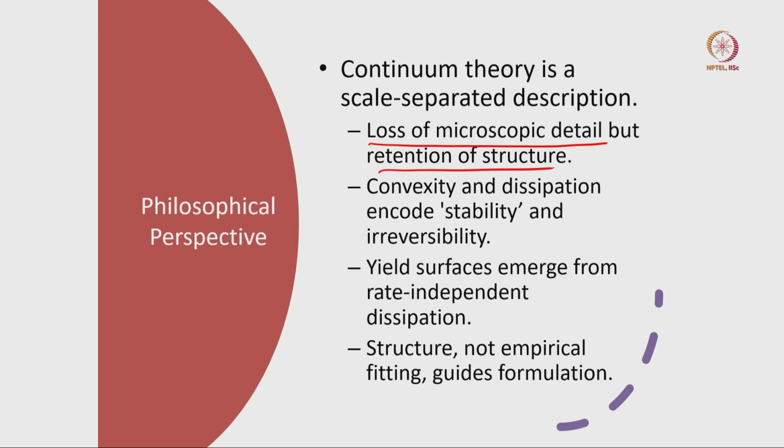And yield surfaces. There are two kinds of plasticity that we will be discussing. One is rate independent plasticity, which is typically encapsulated using the notion of yield surfaces. Here, in rate independent plasticity, elasticity is already there and plasticity is considered as a constraint on the elastic response, and this constraint is provided by the yield surface. Plasticity provides a force corresponding to this constraint.